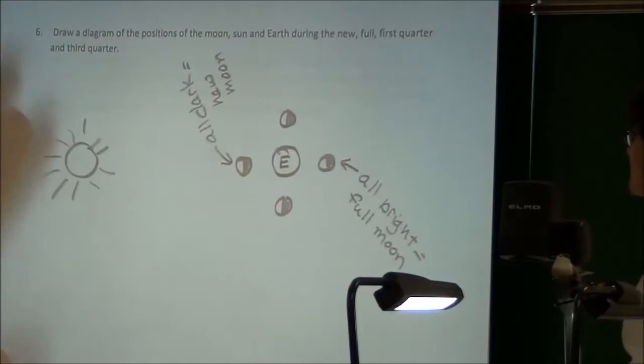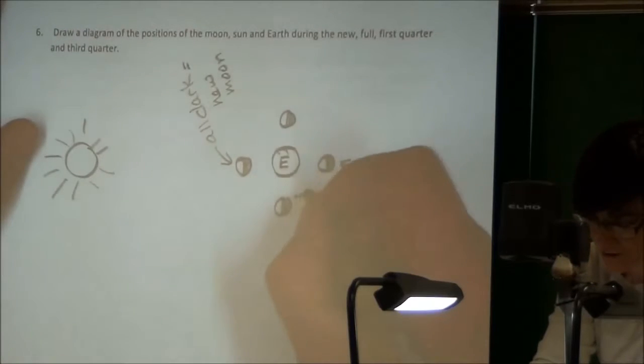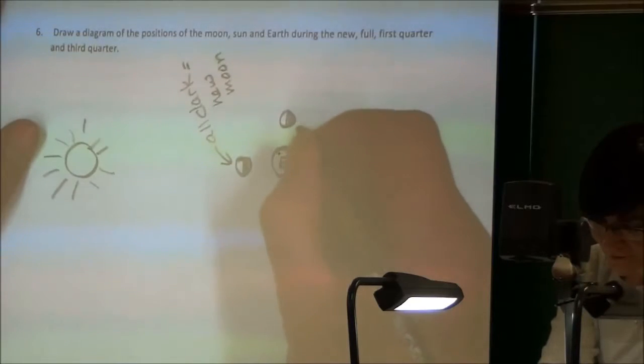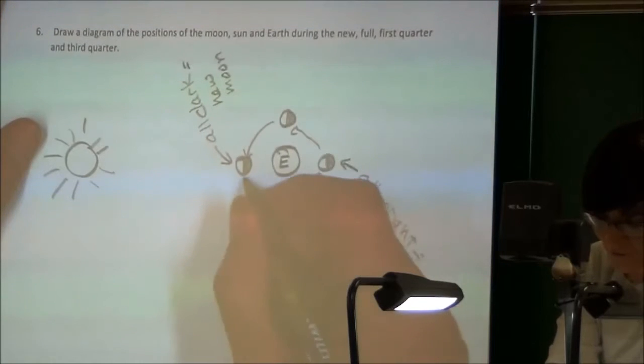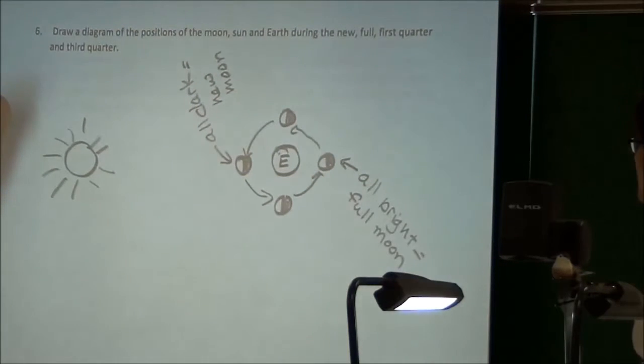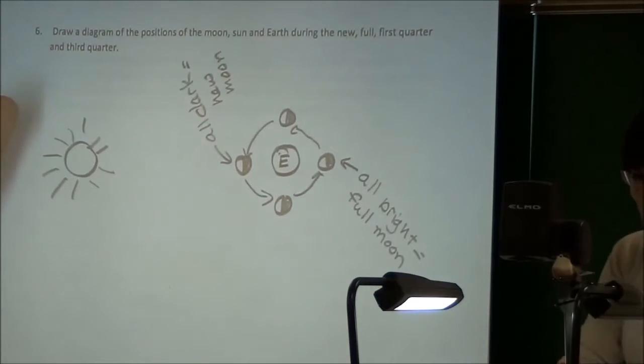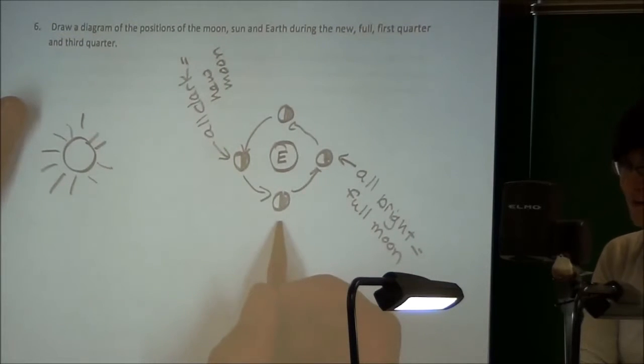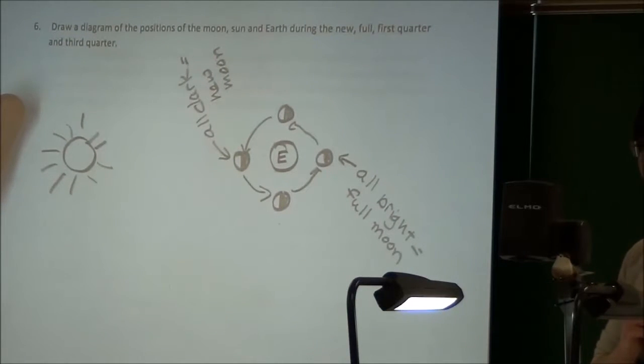Now, what direction does every object in the solar system revolve? Counterclockwise. Everything's moving counterclockwise. So that'll help me figure out which one's third and which one's first. So is the bottom one first or third? I would say first.